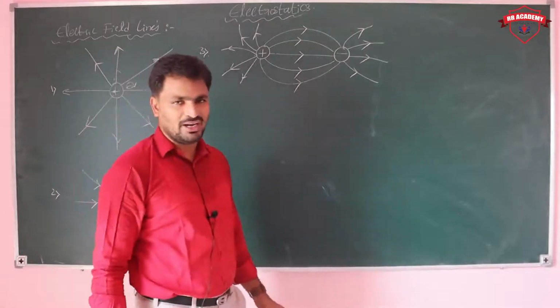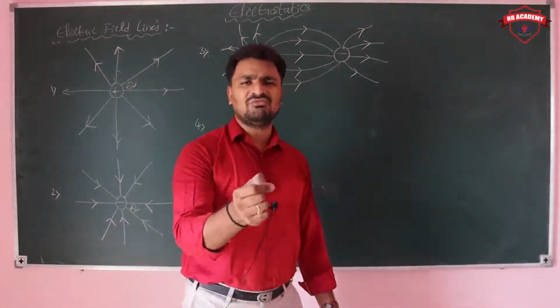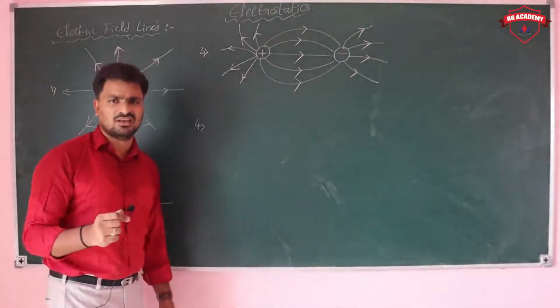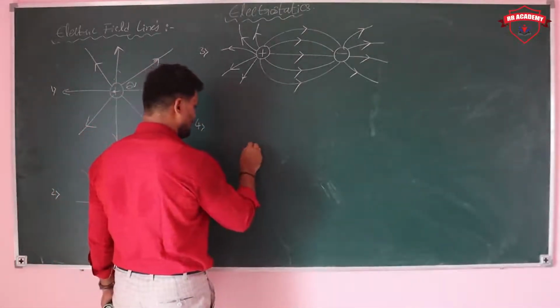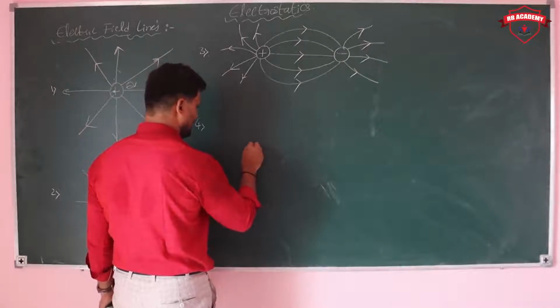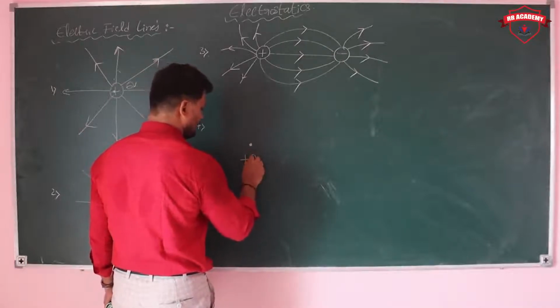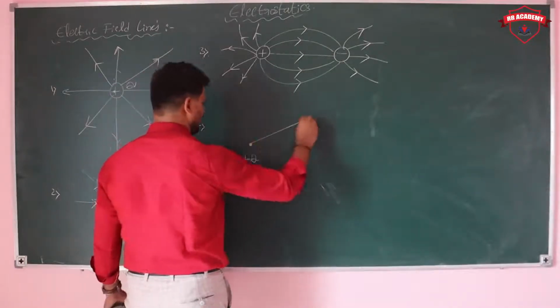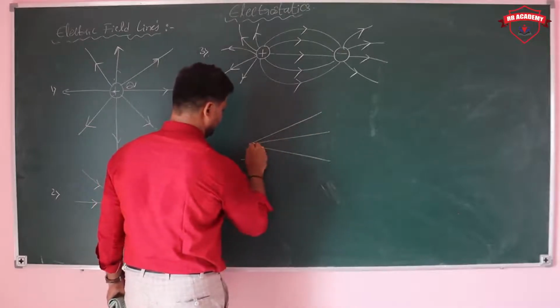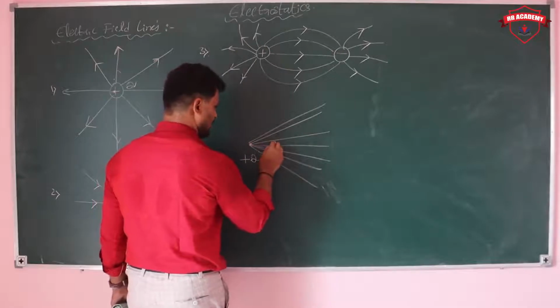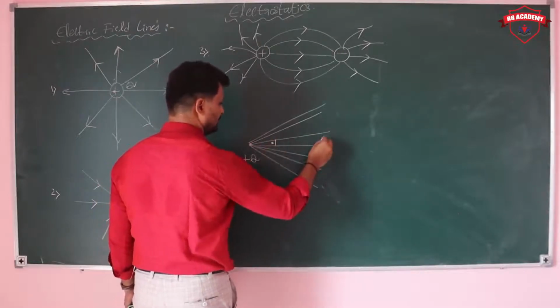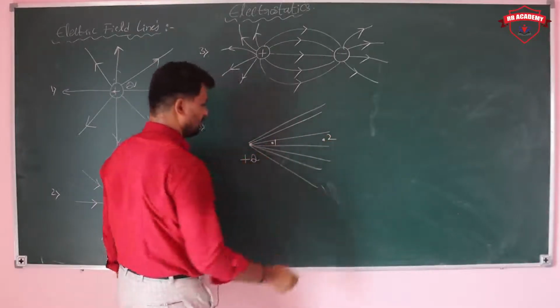Next, one more point. The point at which the field lines are closer, the electric field strength is more. For example, I am considering a charged particle that releases field lines like this. Here I am considering point 1 and here point 2.